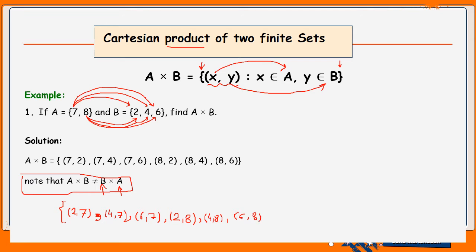We find that the set of ordered pairs A cross B is not equal to the set B cross A.